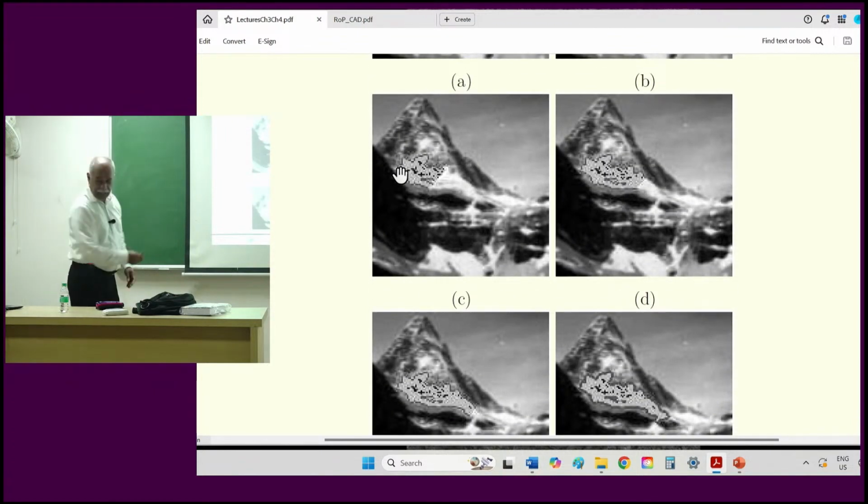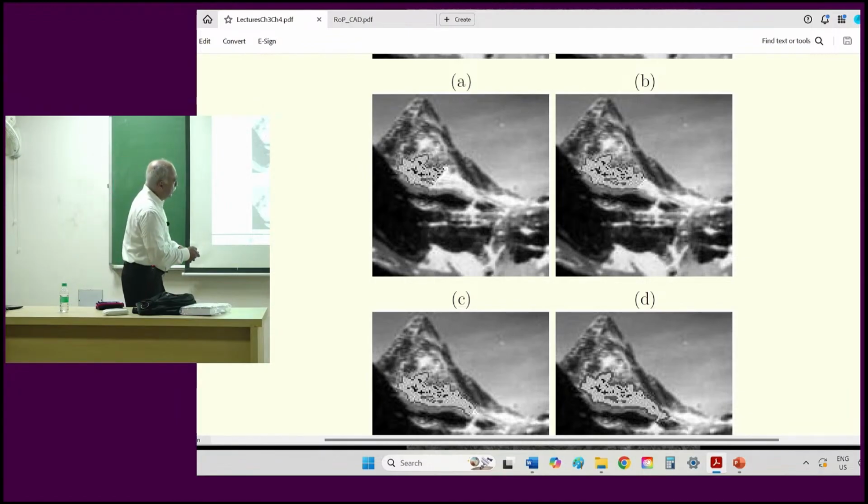So the region is growing, and here it has hit the boundary. It's not growing anymore in that direction, but it grows here. And that's the final region. And around that, in dark gray, there is the ribbon, which will be the background for that region. The starting pixel was somewhere there.